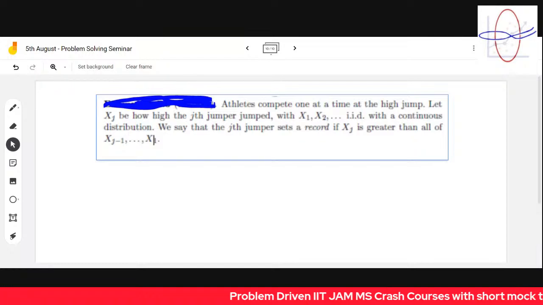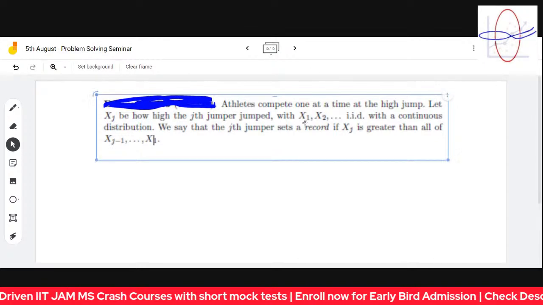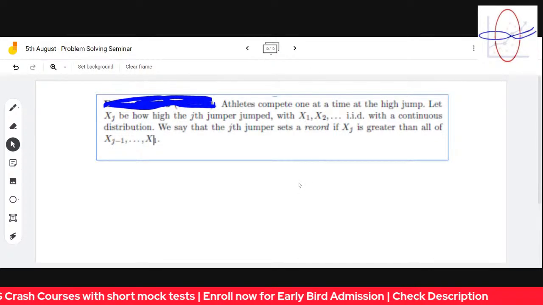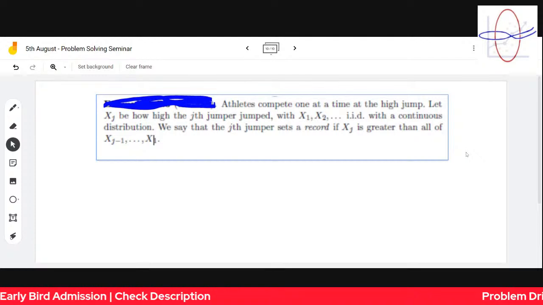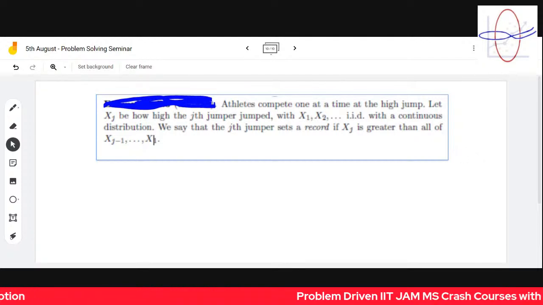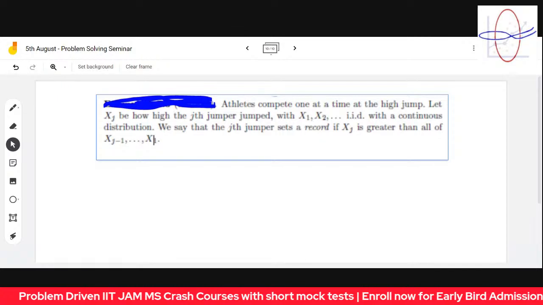This analogy and this distribution make a lot of sense. And we say that the jth jumper sets a record if xj is greater than all of xj minus 1, xj minus 2, down to x1. This is a description of the problem. So let's see the question.